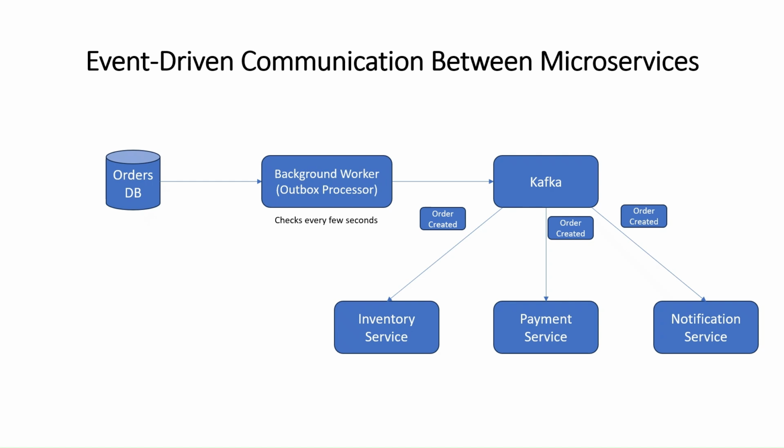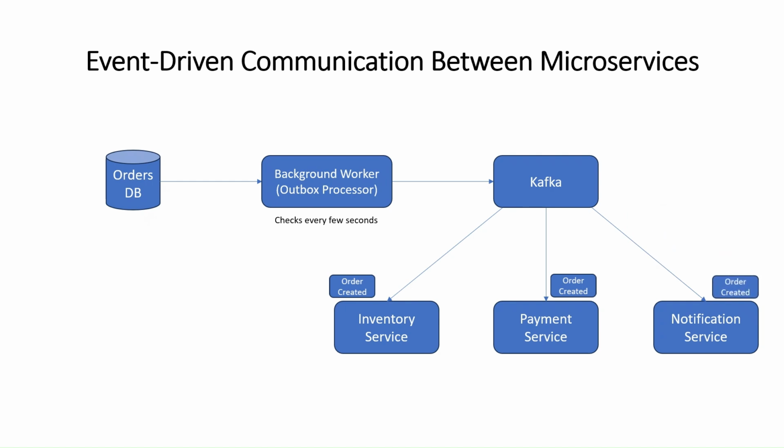Once Kafka receives the order created event, it delivers it to every interested consumer. The inventory service reserves the product. The payment service processes the customer's payment. The notification service sends an order confirmation email.